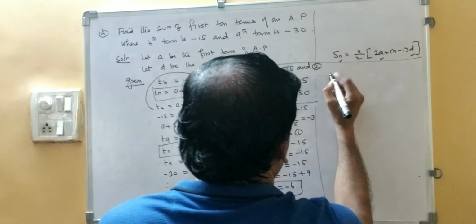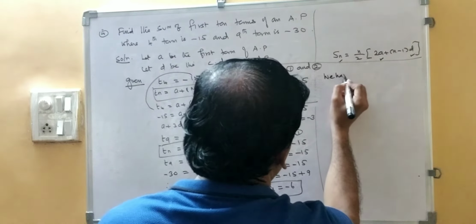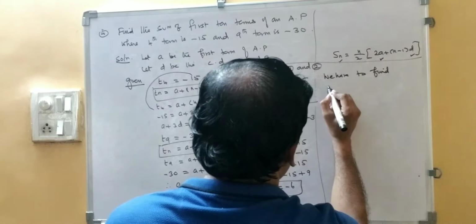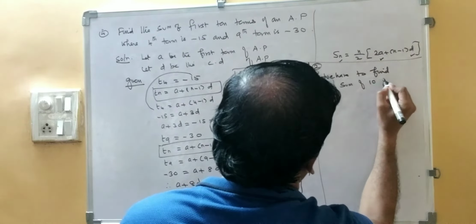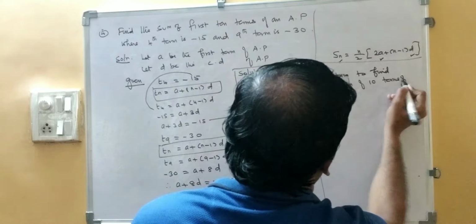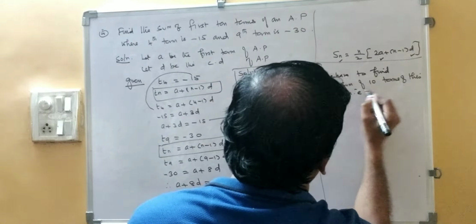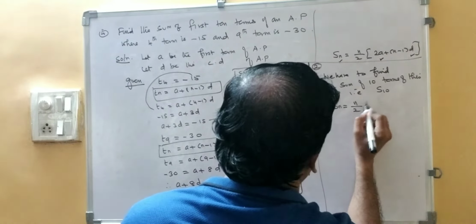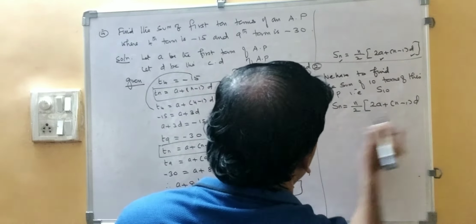Therefore, what you have to find out? We have to find the sum of 10 terms of this AP, that is S10. So the formula we will write: n by 2 into 2a plus n minus 1 into d.